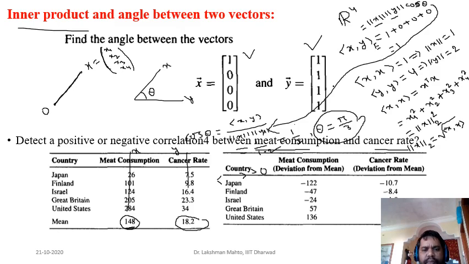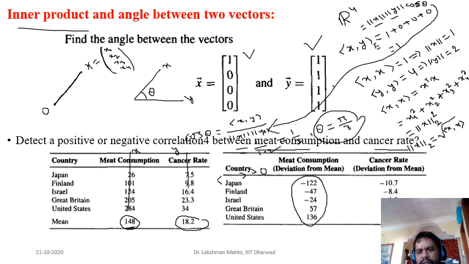This is the mean deviation, or mean deviated data. That means you subtracted the mean from every data point. 26 minus 148 is minus 122, 101 minus 148 is minus 47.